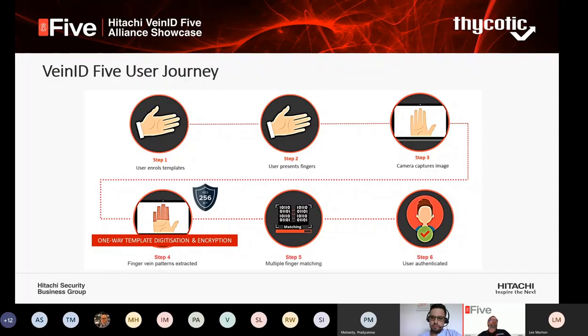We then replay a different template on the way back. So if we're trying to authenticate the user versus what we store in enrollment, this enables us to complete the verification of the user and ensure that the user is uniquely identified. Next slide, please.